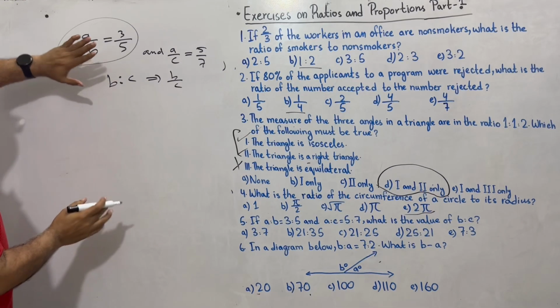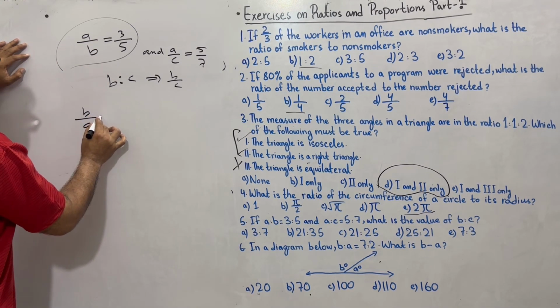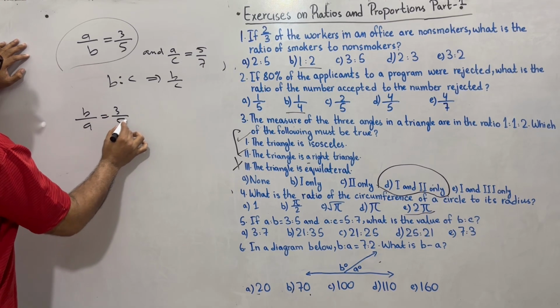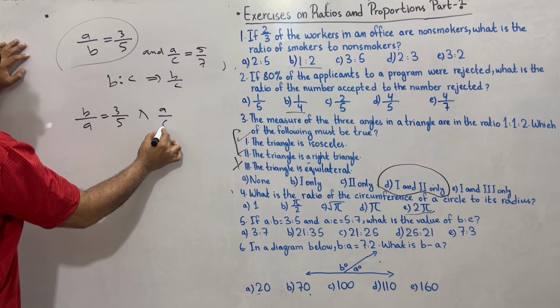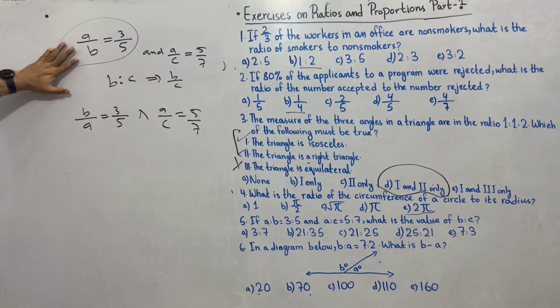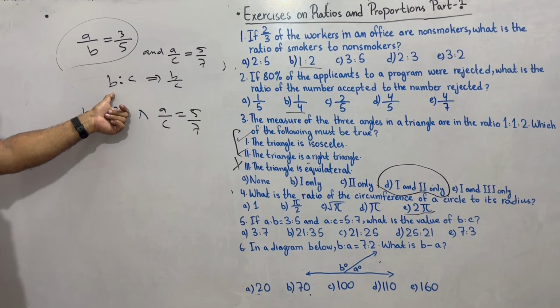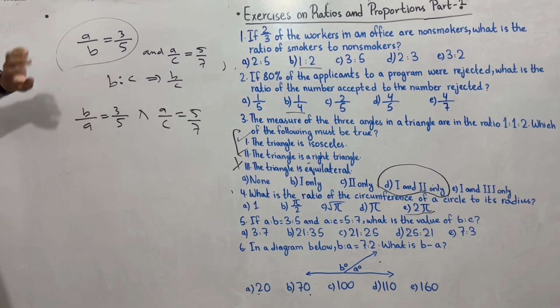Taking its reciprocal, it will become B over A equal to 3 over 5, and A over C is given to us, that is 5 over 7. I need B in the numerator, so that's why I have taken the reciprocal of both sides.